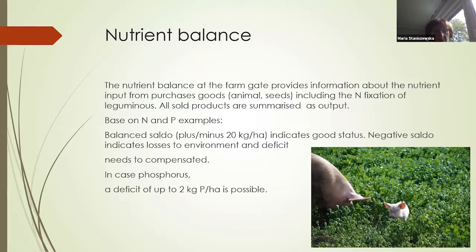A balance saldo of plus or minus 20 kilograms indicates good status when we talk about nitrogen. When we have less, that is information that compensation is needed. In the case of phosphorus, a deficit of up to 2 kilograms is possible.